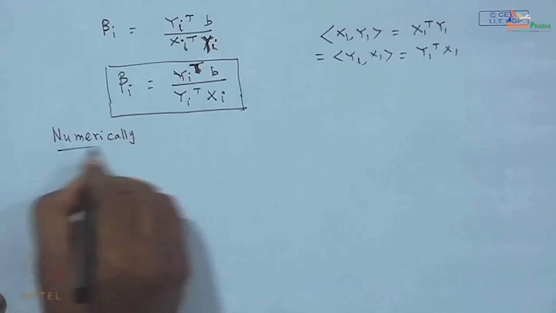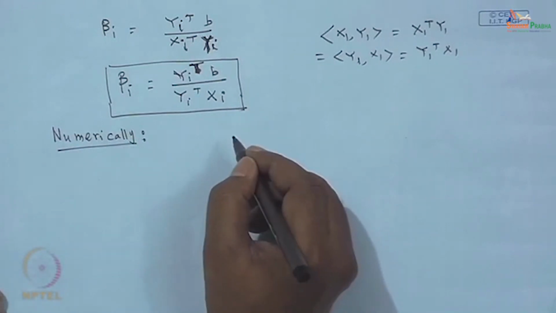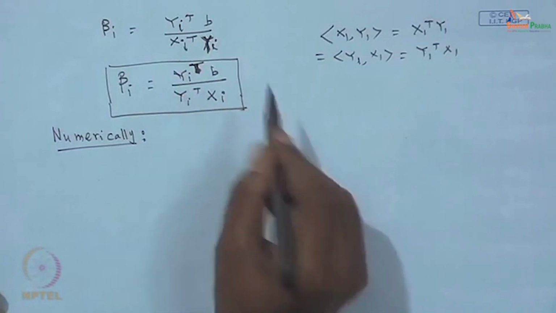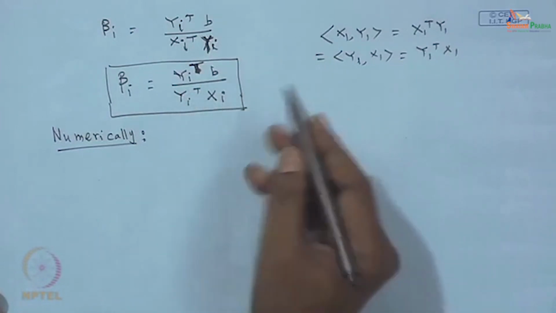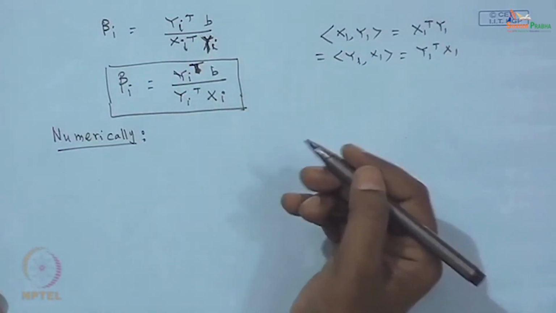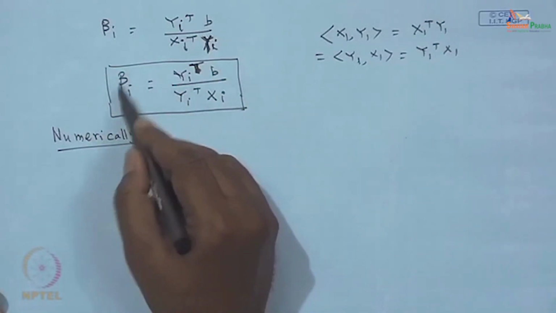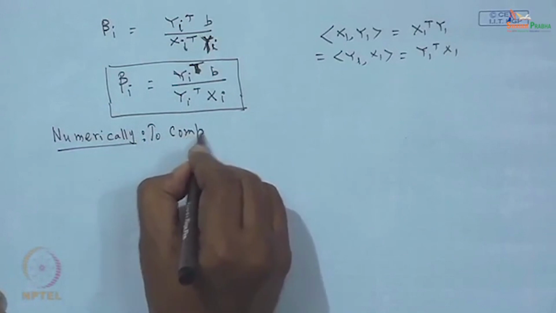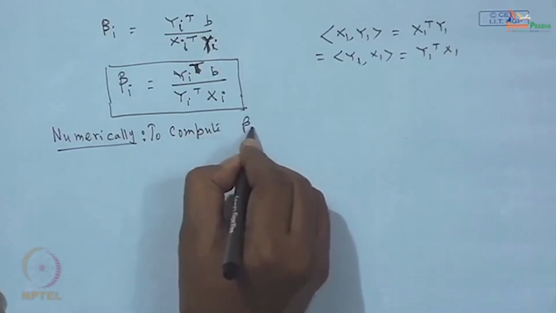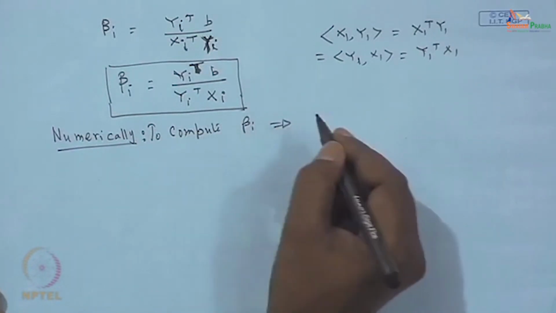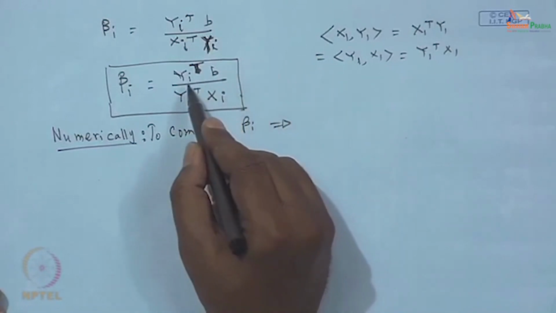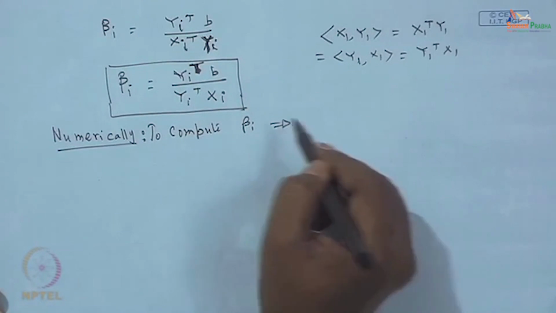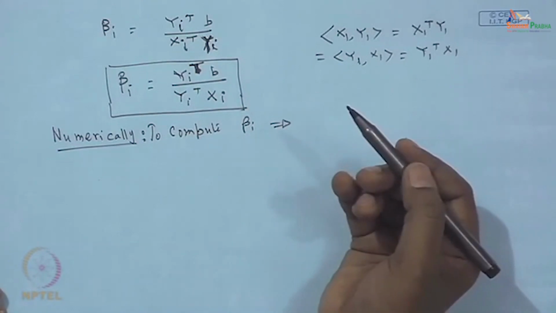If you talk about numerical calculations, you will be taking recourse to simple operations in order to compute beta i. Once you have a vector, you have to get the transpose of the vector.